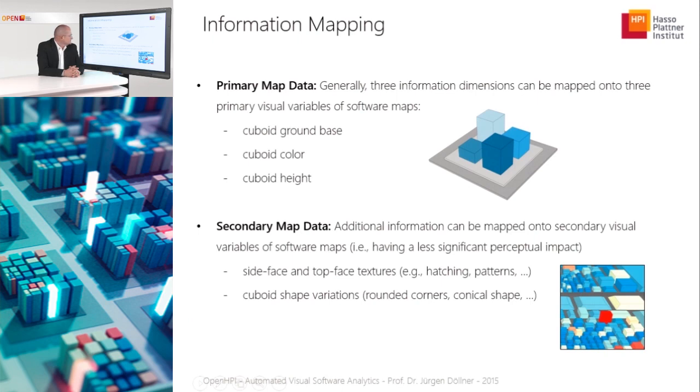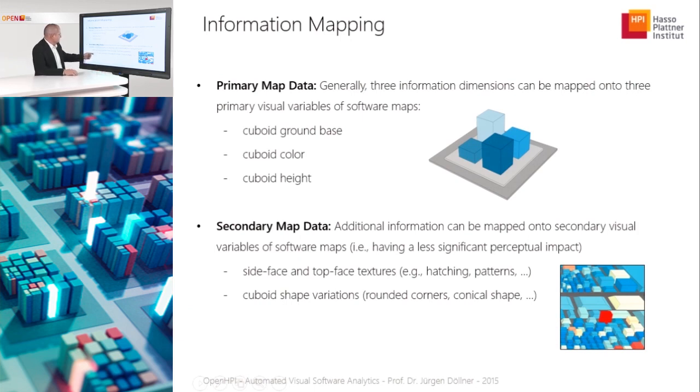There are secondary visual variables, for example, the texture that can be applied to side faces or top faces of the cuboids, for example, providing different hatching or different patterns to express certain additional information.